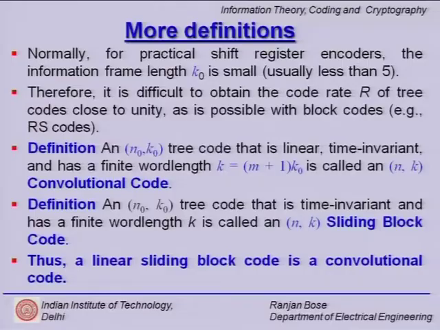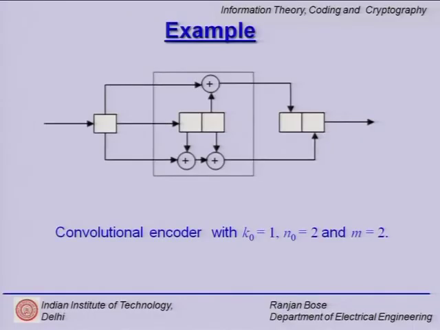Linearity means the all 0 code word would necessarily be a part of it, and the sum of 2 code words would also be a valid code word in the definition of code words that we have just defined. Now, let us understand this interesting concept using a simple example.